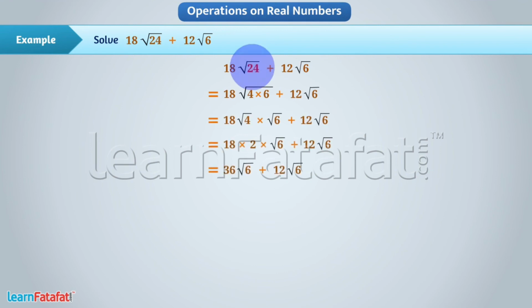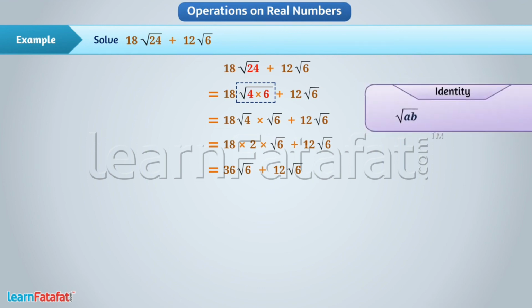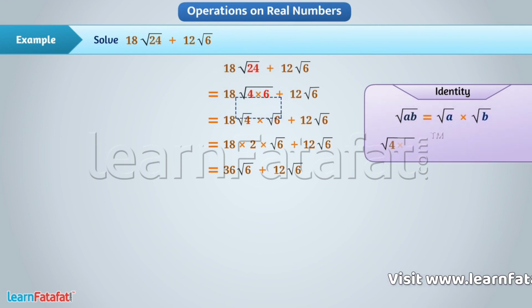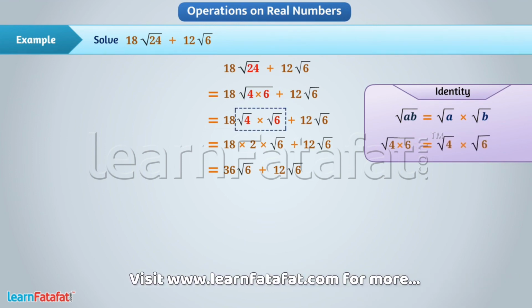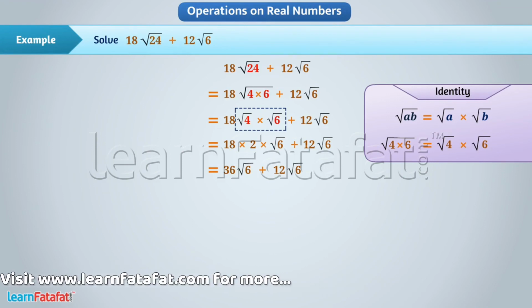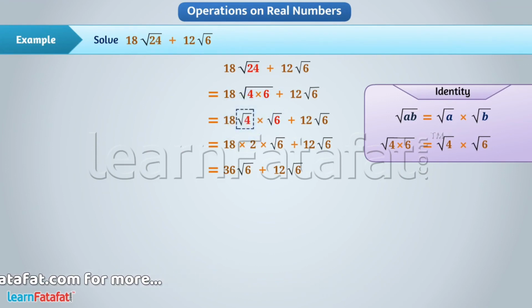Root 24 can be written as root 4 multiplied by 6. Here we will use identity root AB equals to root A multiplied by root B to separate these numbers, that is root 4 multiplied by 6 equals to root 4 multiplied by root 6. Further, root 4 can be written as 2.